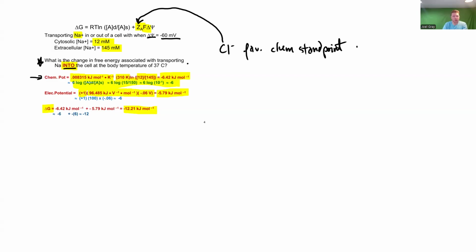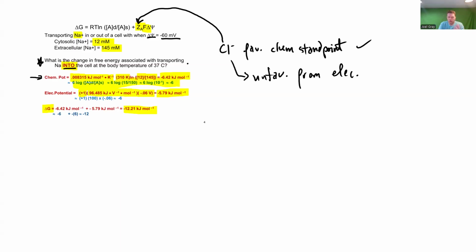Okay, check. Then what about from an electrical potential difference? Well, that would be unfavorable. So that would be a difference maker there.